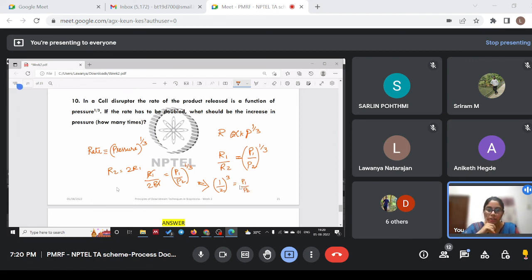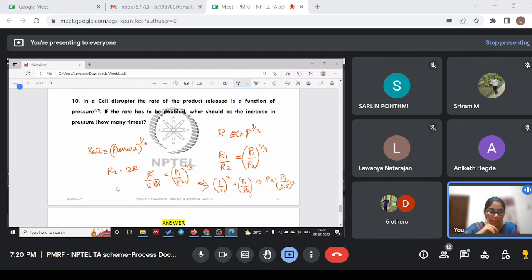And now I'm not going to have any 1 by 3 because cube by cube becomes 1. Right? Which makes P2 equal to P1 divided by 0.5 whole power 3.